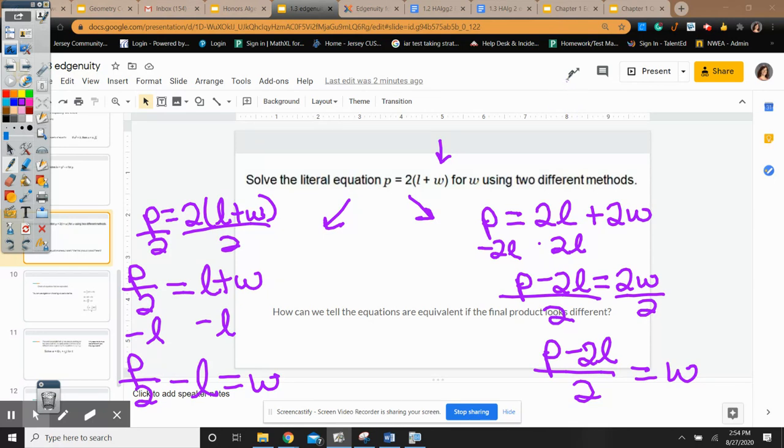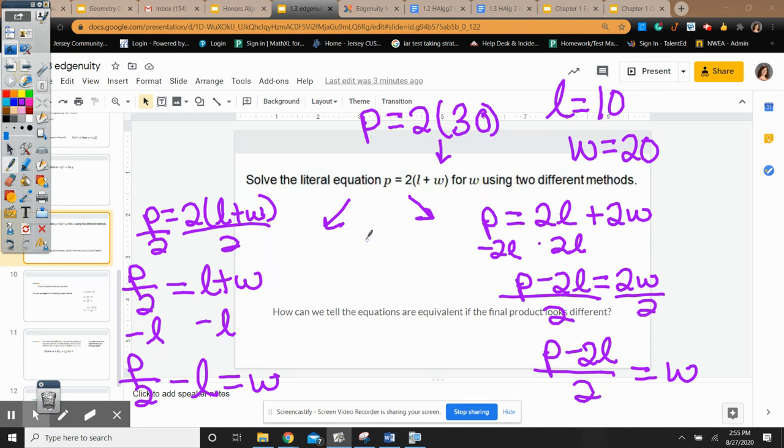Let's say that L equals 10 and W equals 20. If these equations are the same, I should get the same thing for the perimeter. So the perimeter is supposed to be 2 times (10 plus 20), so 2 times 30, and it's supposed to be 60.